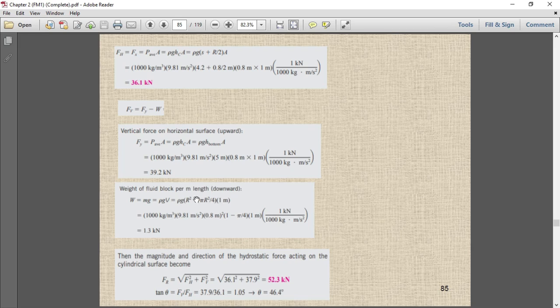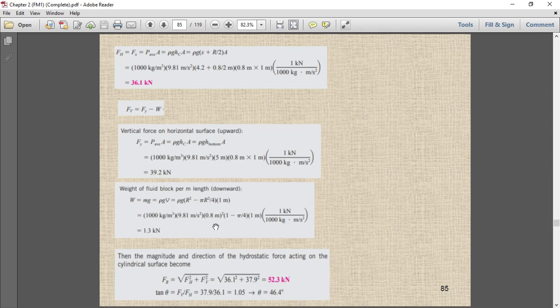So this will give you the volume of the water. This is how you can find out the weight of the fluid which is basically touching the curved surface or making a projection. Then take the net resultant force and find out the theta. So this is how we can find out the net resultant force and the direction of the force.